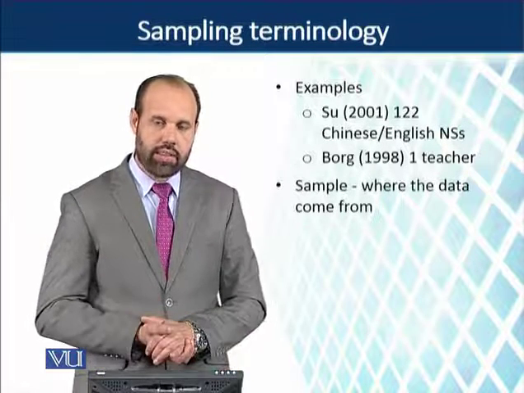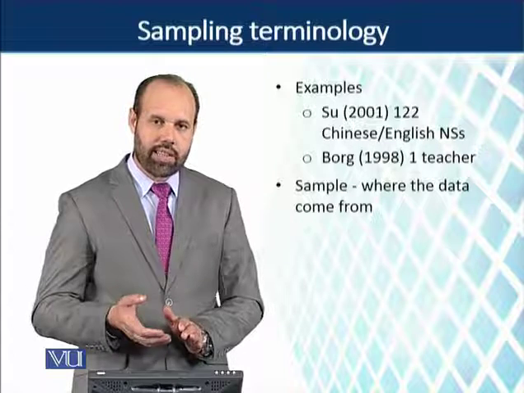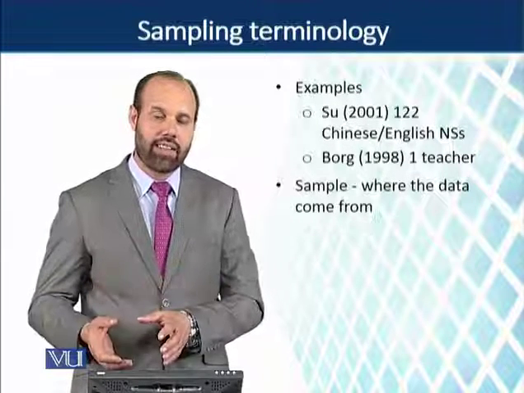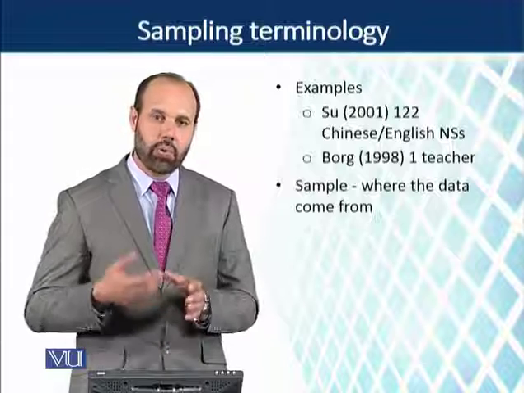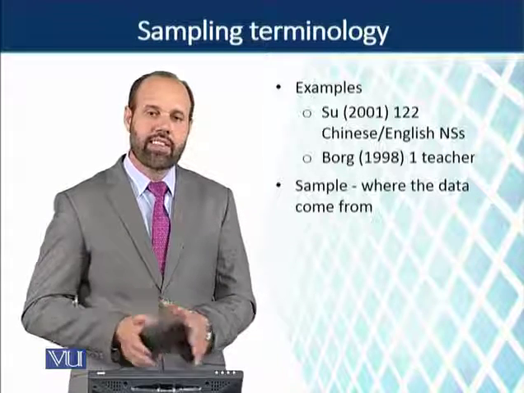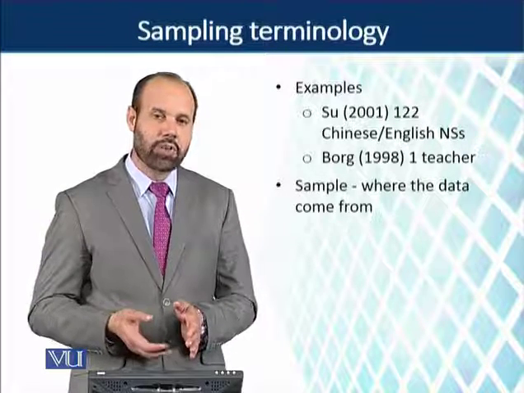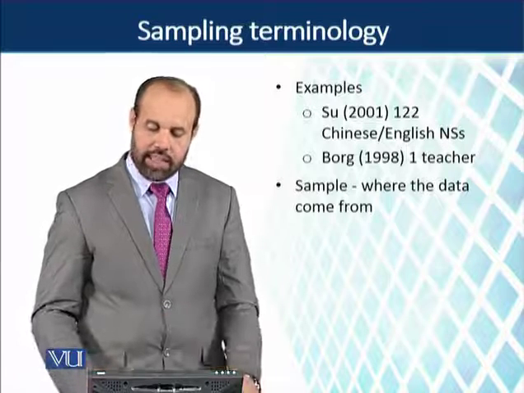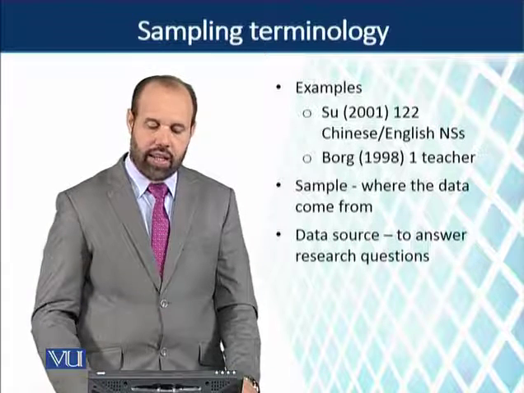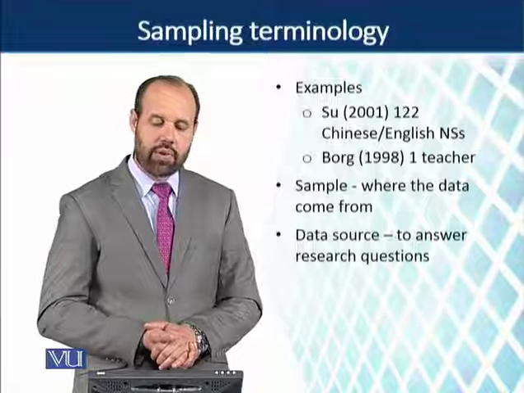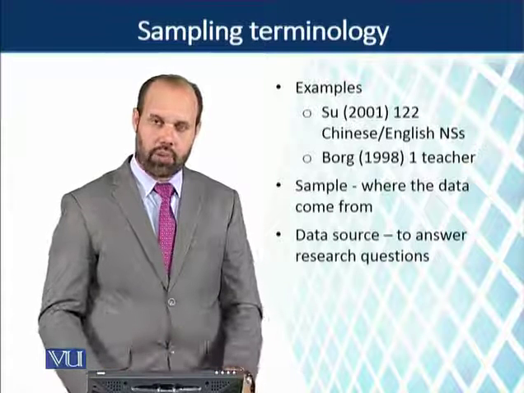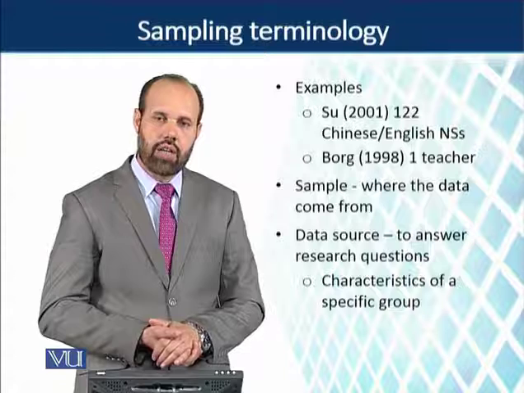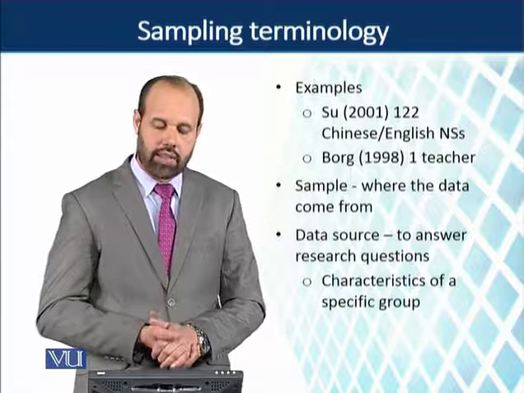So the sample is actually the person or the object or the place from where the data is coming. And that data is used in order to test the hypothesis, in order to answer the research questions, okay? So sample is from where the data is coming, right? And it is our data source to answer research questions and then to test the hypothesis.